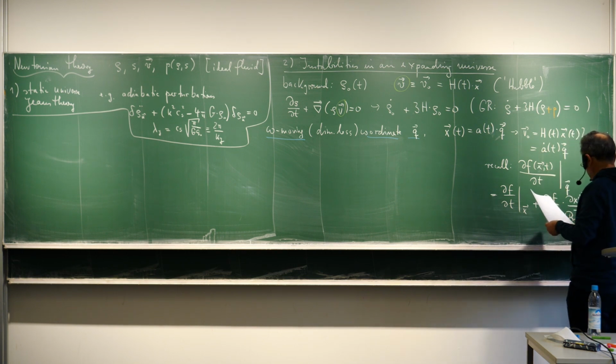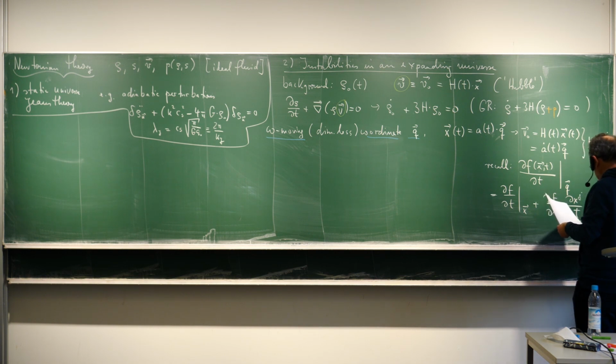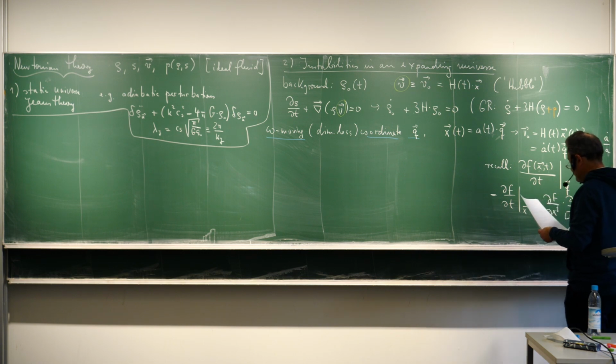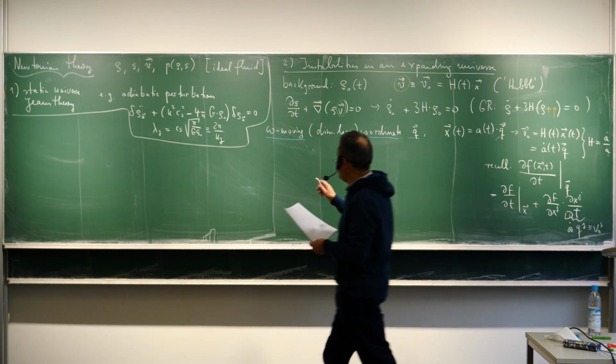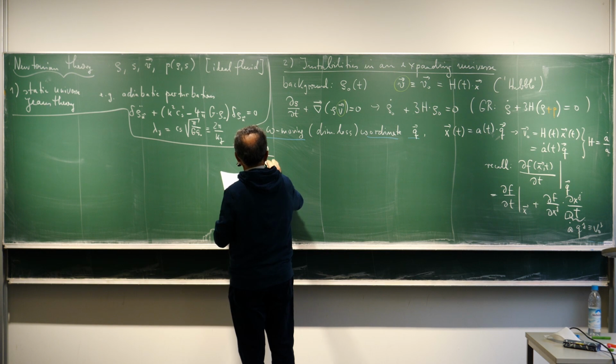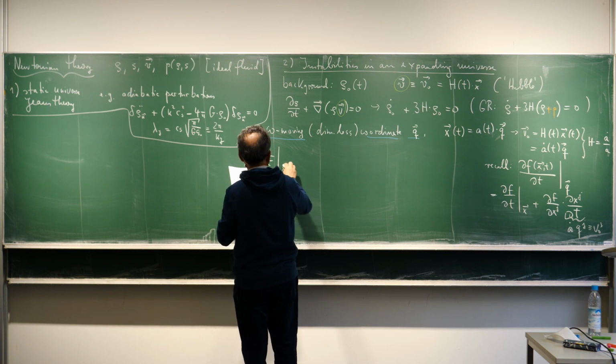and this here is a dot qj, and of course it's our v naught j, so that we have here d over dt at a fixed x.